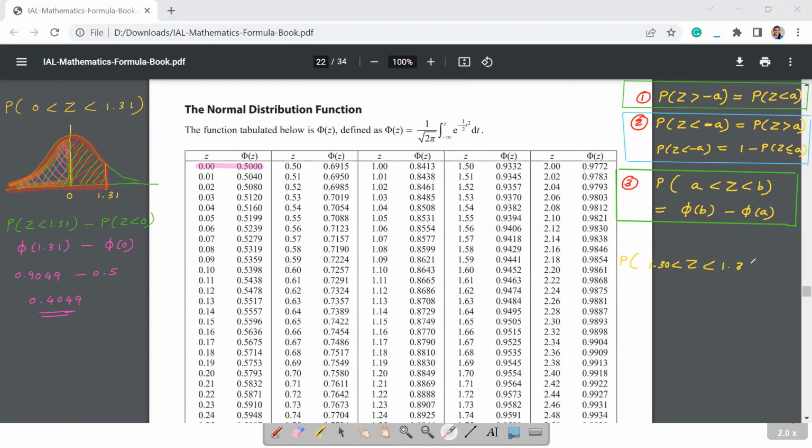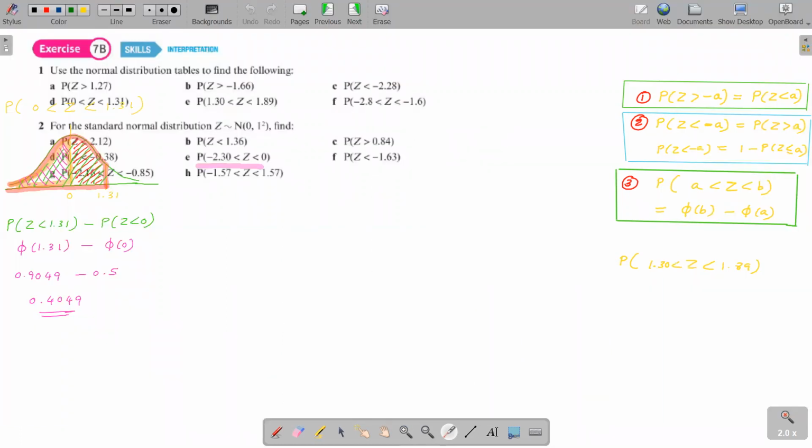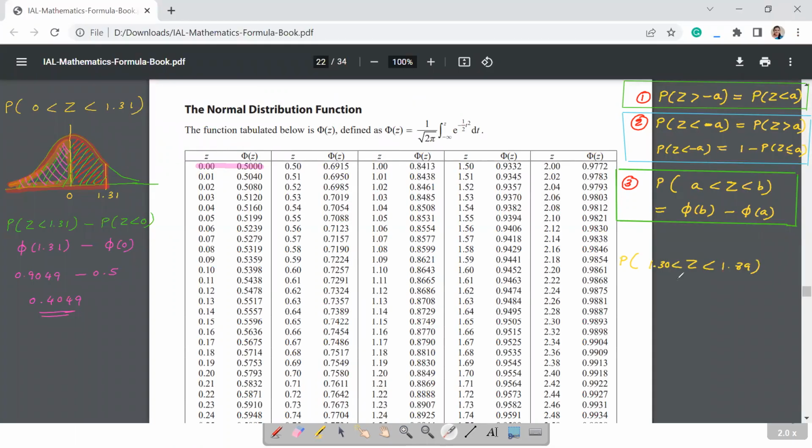I think you guys know how to do this now, right? So what do you do here? There's nothing much to do. You take the phi 1.89 value and subtract the phi 1.30 value. That's it. Just directly subtract, okay?